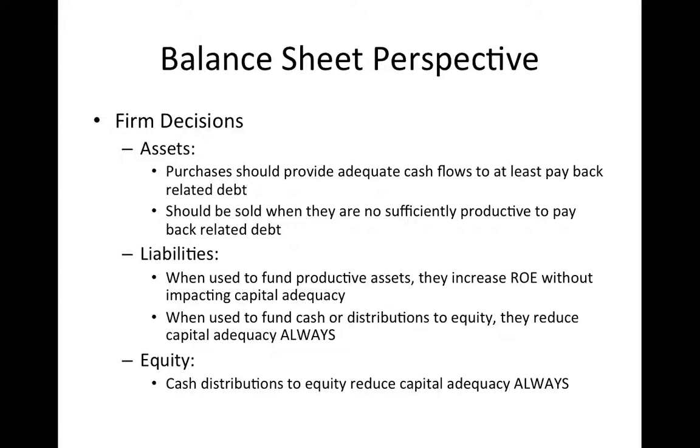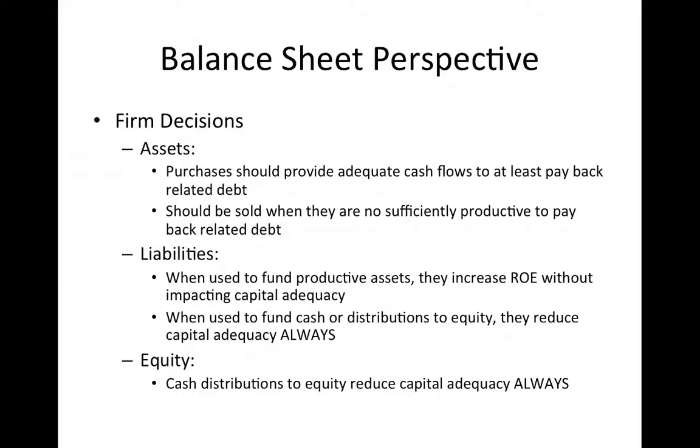In terms of liabilities, kind of decisions you can take related to liabilities, we like to use debt to finance our assets because it increases the return on equity for the assets or for the investment.